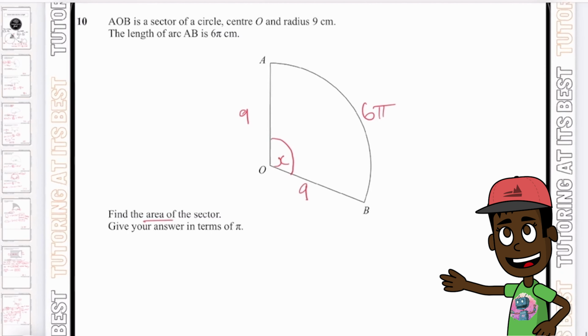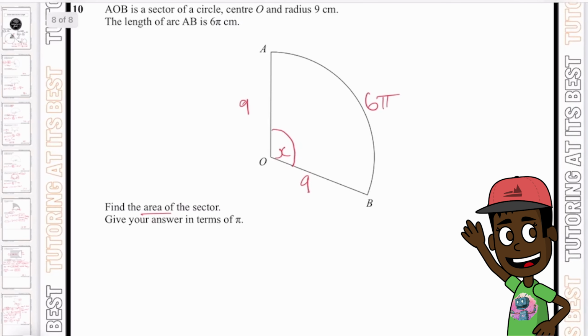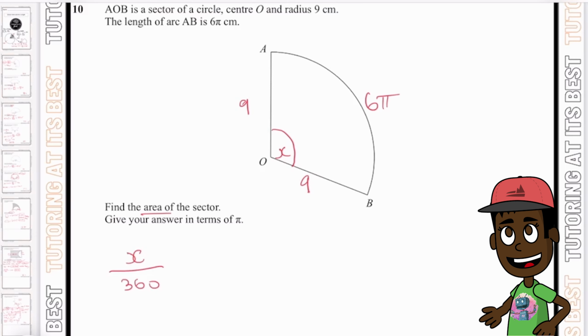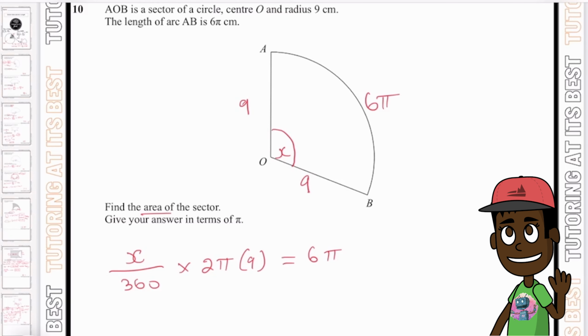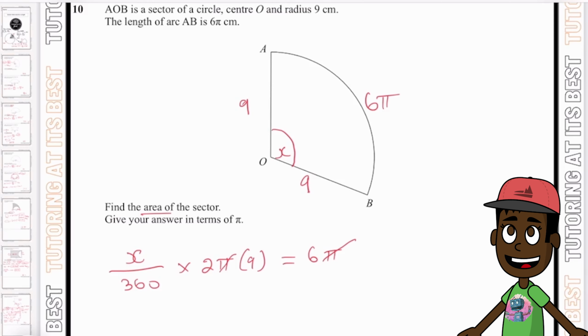So let's go ahead and write this out using our arc length. So let's have our x over 360 and then multiply that by 2 pi r, and we know that would equal 6 pi, which is our length of the arc. But let's now work smart here. Let's cancel out all of the equal terms, which is pi in this case. And once we've done that, let's simplify what we have.